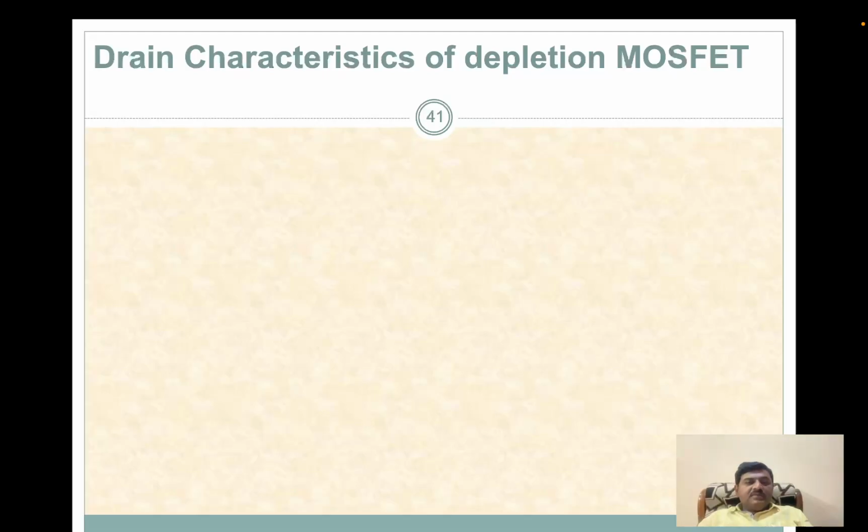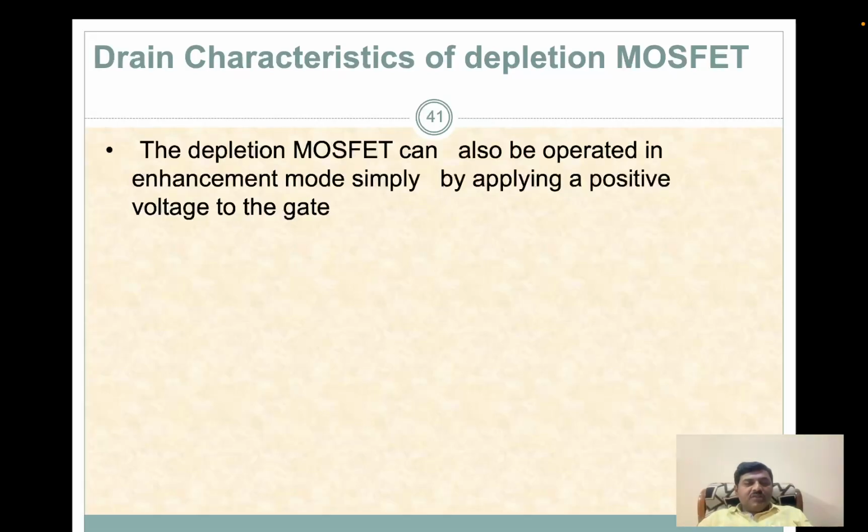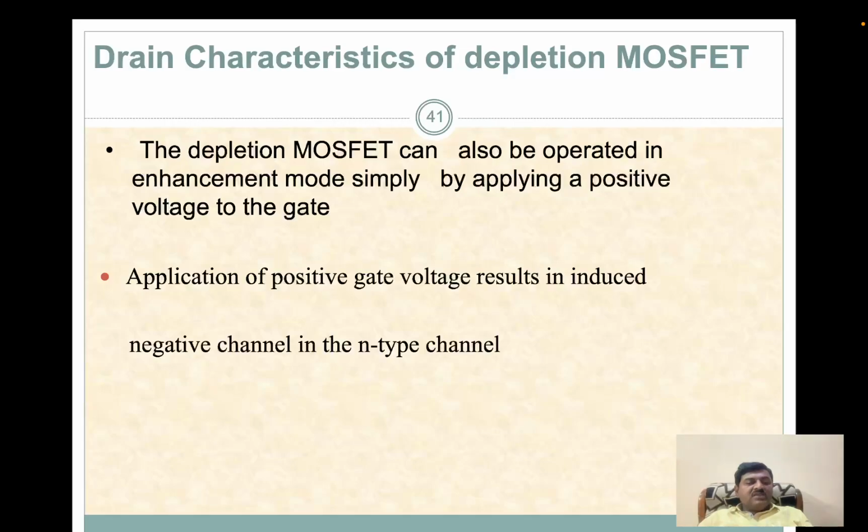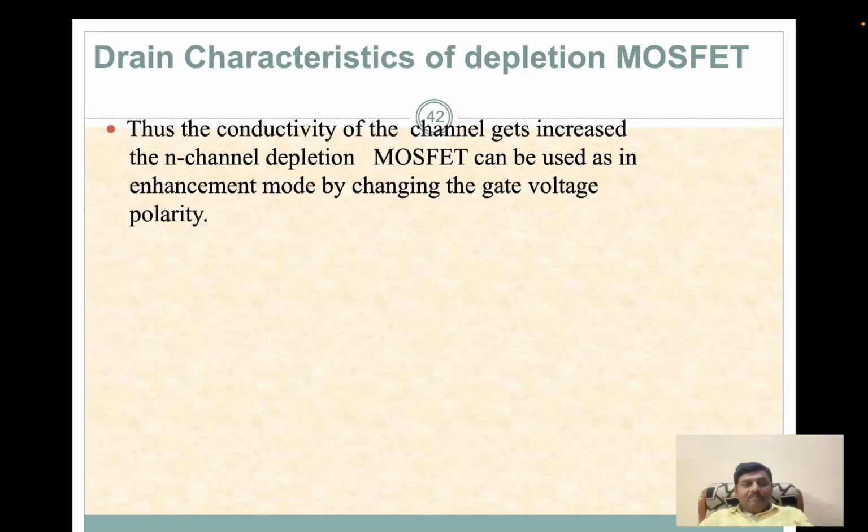Next, let us see the drain characteristics of the depletion MOSFET. The depletion MOSFET can also be operated in enhancement mode by simply applying a positive voltage, which we had seen in the previous characteristics. Application of positive gate voltage results in an induced negative charge in the N type channel, so the conductivity of the channel gets increased.